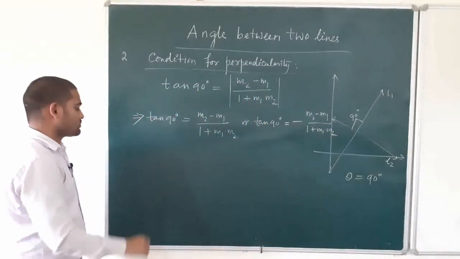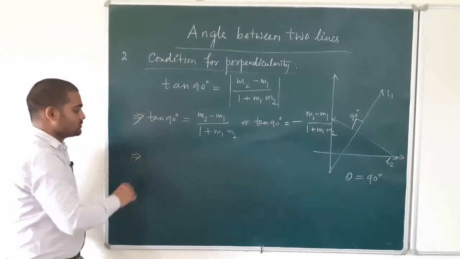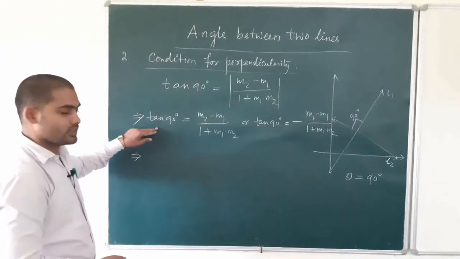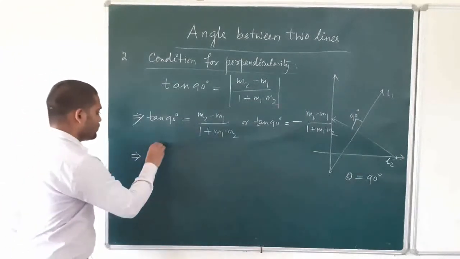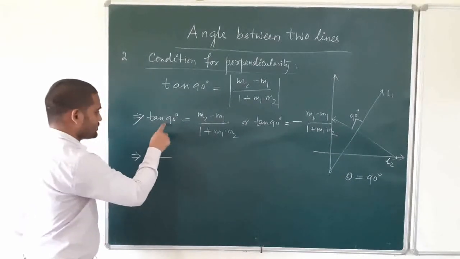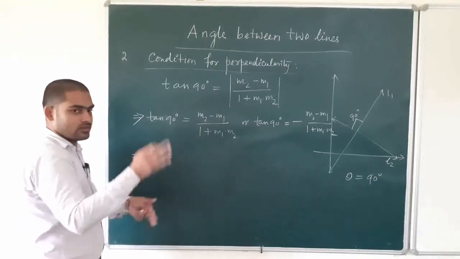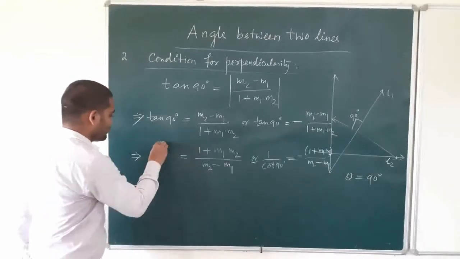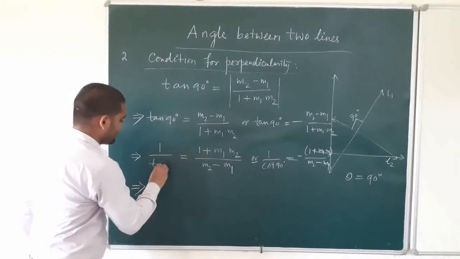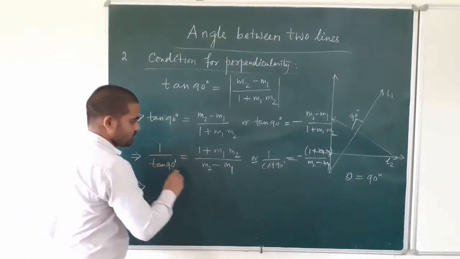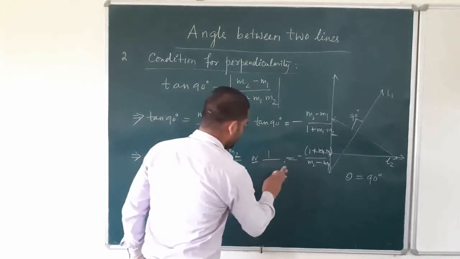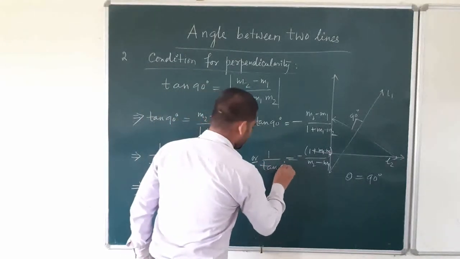Now you can write the reciprocal of this side and this side, that is 1 by tan 90 degree.